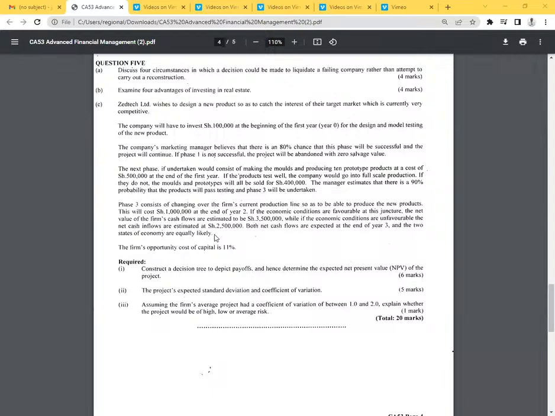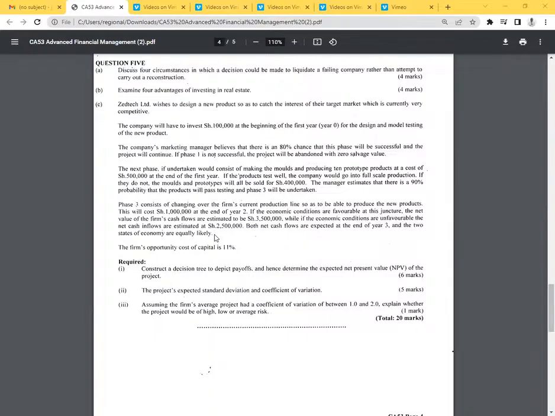If the economic conditions are favorable at this juncture, the net value of the firm's cash flows is estimated to be 3.5 million. While if the economic conditions are unfavorable, the net cash inflows are estimated at 2.5 million. Both net cash flows are expected at the end of year 3, and the two states of economy are equally likely.